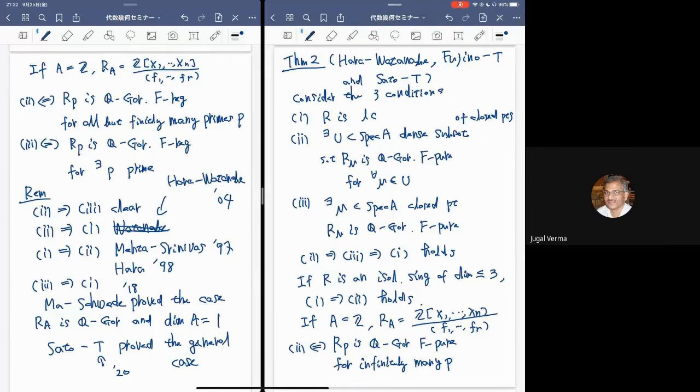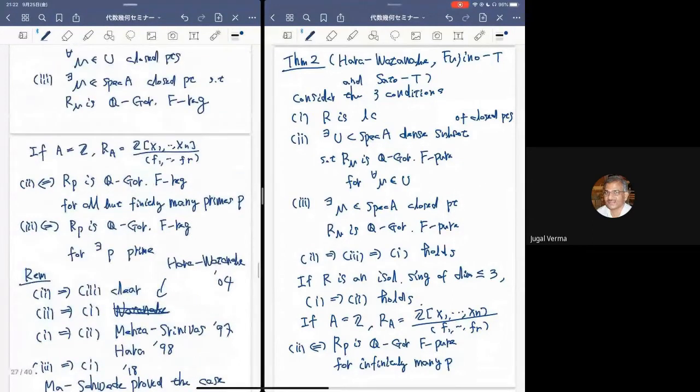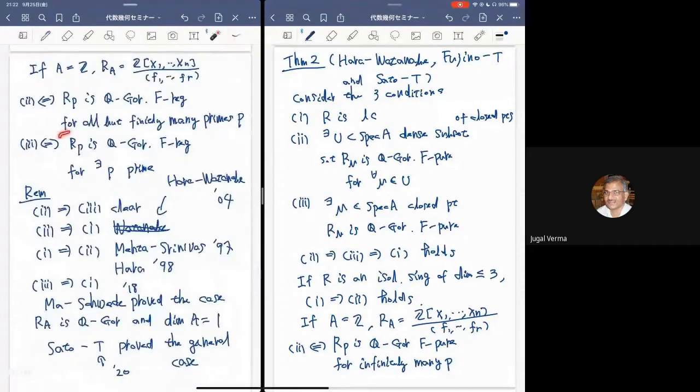So when A is equal to Z and R sub A is a quotient of a polynomial ring over Z, the second condition is equivalent to saying that R_P is Q-Gorenstein F-pure for infinitely many P. So this part is different from the KLT case. In the KLT case, we look at all but finitely many primes.